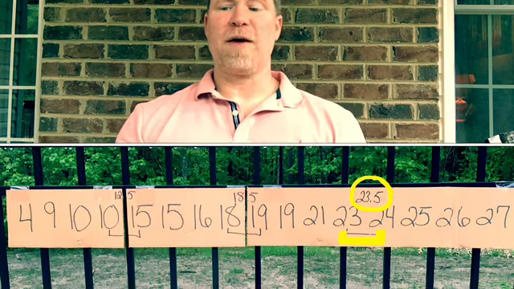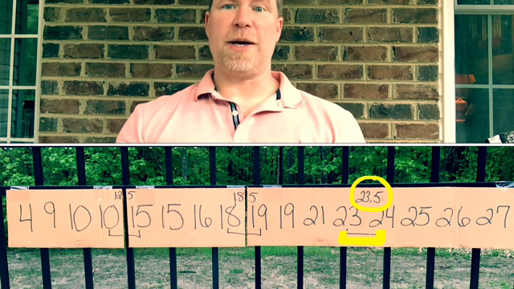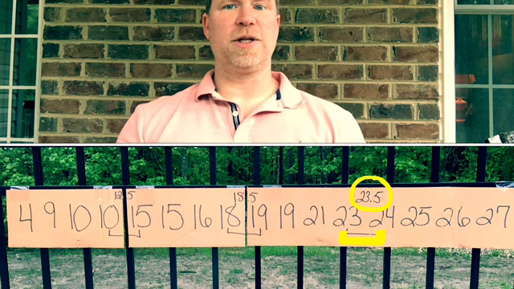Our next step is to split the upper half of our data into 25% sections. We'll take our upper 50% and find the median, which would be 23.5, because 23 and 24 are the two numbers in the middle. We add them together and divide by 2.